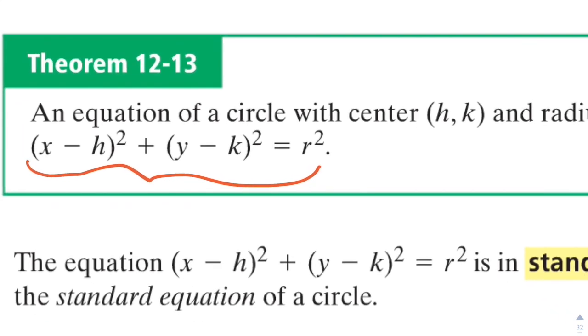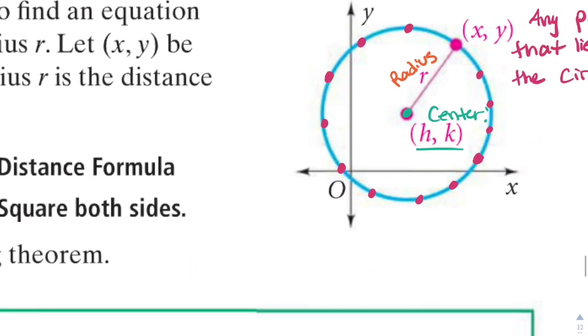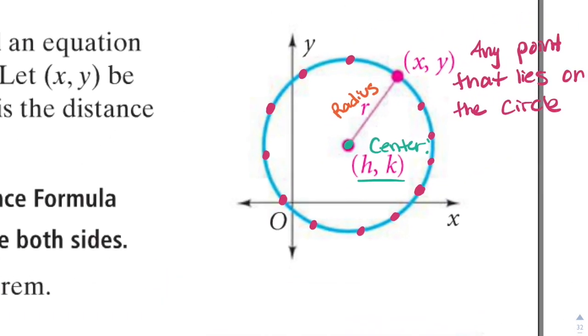And h and k become your center, but it's also a vertical and horizontal shift of your circle, which puts your center where it belongs. Now, h and k are positive, right? And they are only positive because they're in quadrant 1. Regardless, if it was in a different quadrant, it would be negative.